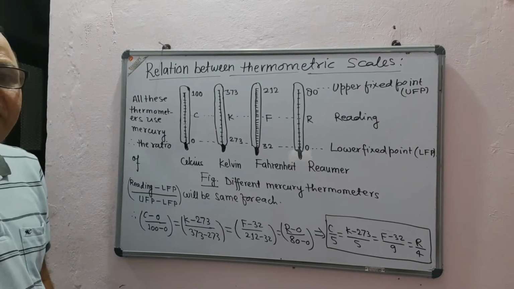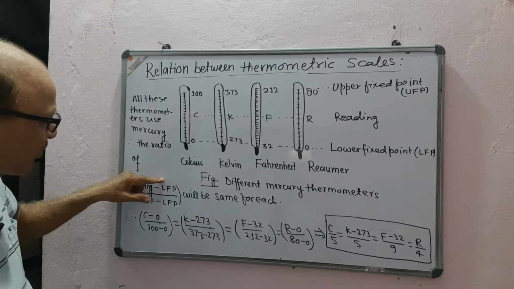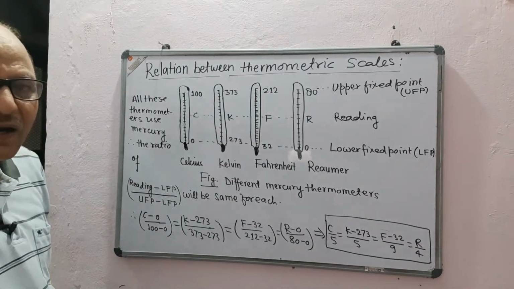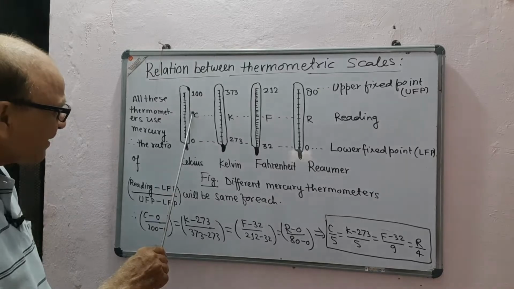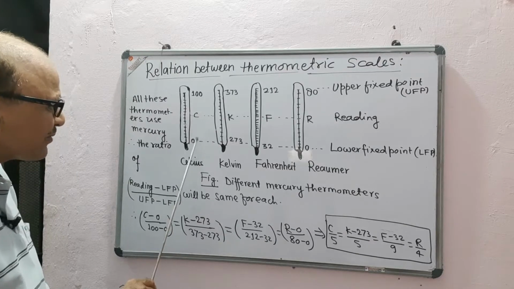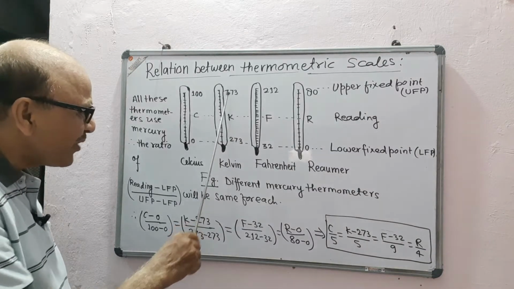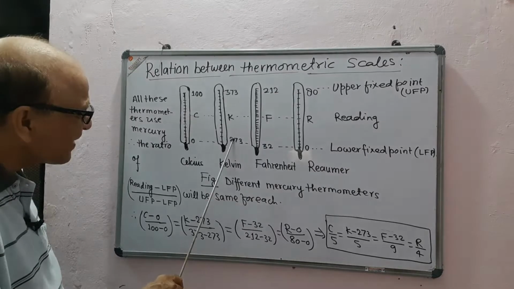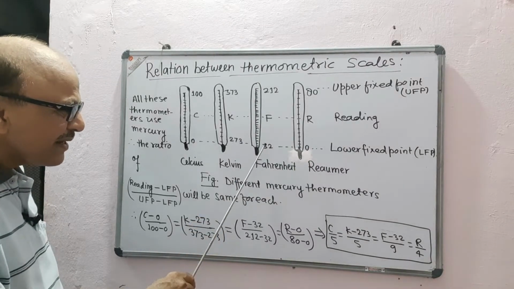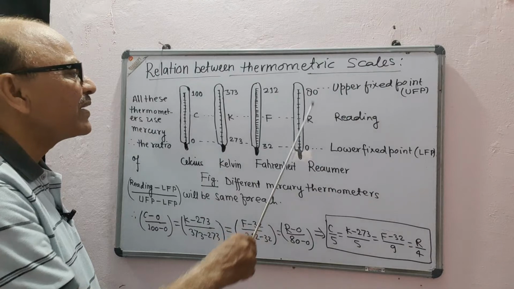Because all these thermometers are using mercury, the ratio of reading minus lower fixed point to the upper fixed point minus lower fixed point will be the same in each thermometer.